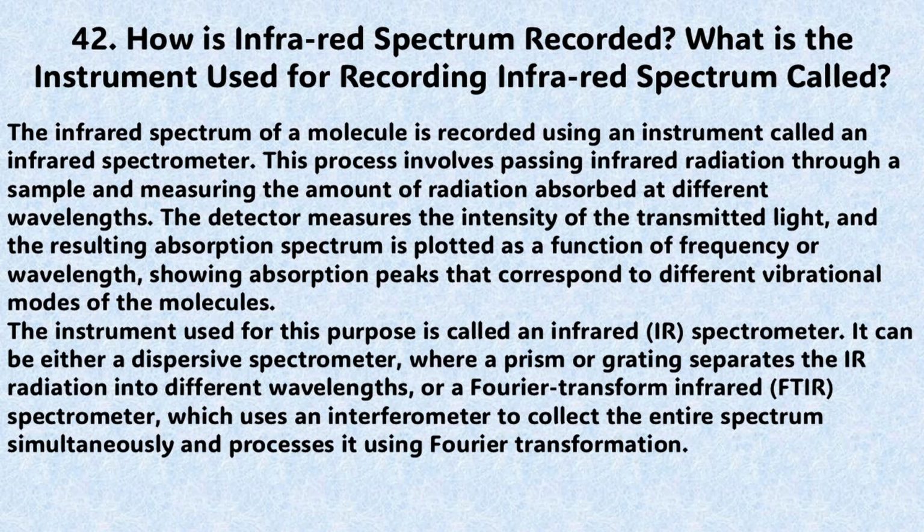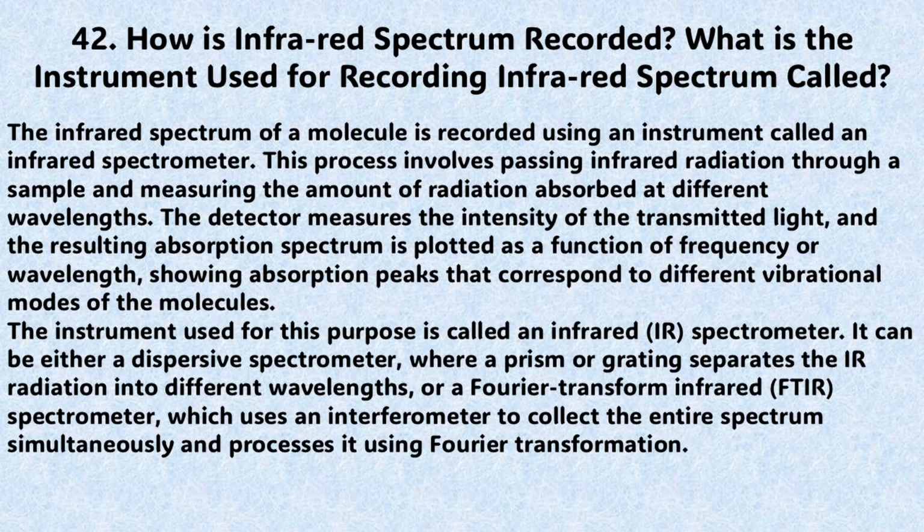The detector measures the intensity of the transmitted light, and the resulting absorption spectrum is plotted as a function of frequency or wavelength, showing absorption peaks that correspond to different vibrational modes of the molecules. The instrument used for this purpose is called an infrared spectrometer.